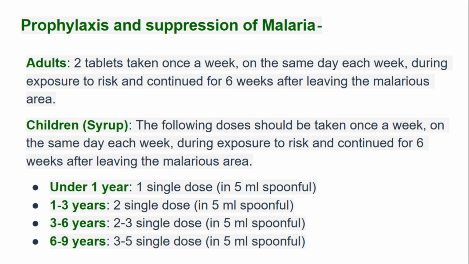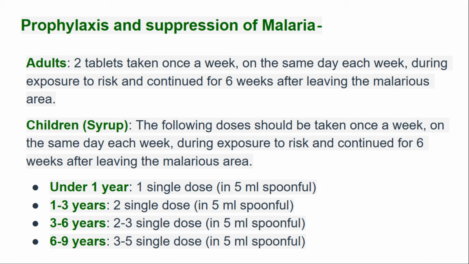Prophylaxis and suppression of malaria. Adults: 2 tablets taken once a week, on the same day each week, during exposure to risk and continued for 6 weeks after leaving the malarious area. Children, syrup: the following doses should be taken once a week, on the same day each week, during exposure to risk and continued for 6 weeks after leaving the malarious area.